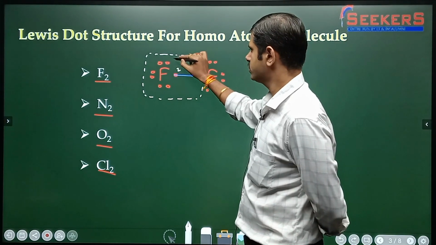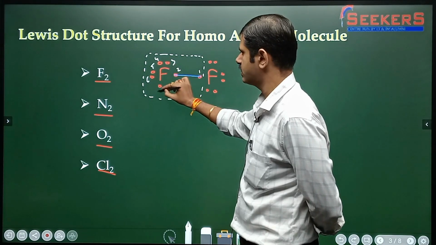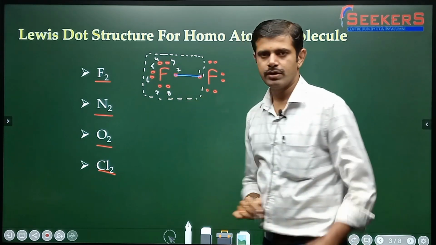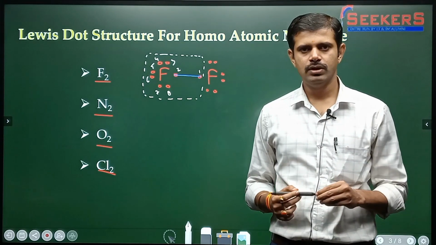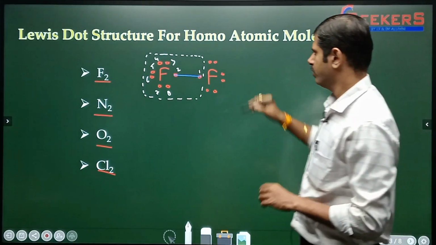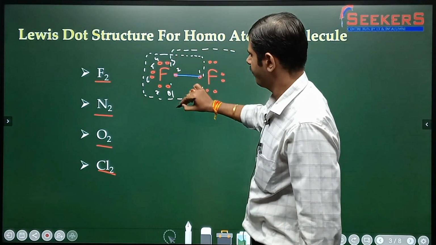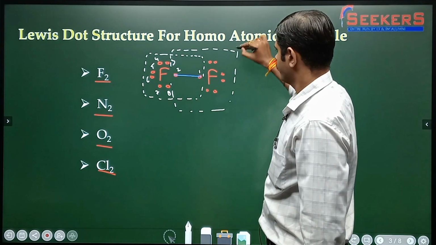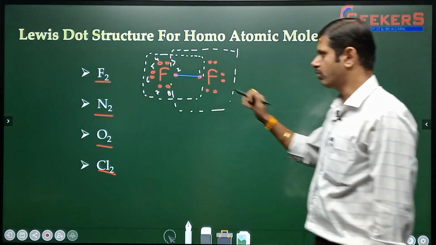This is 2, 3, 4, 5, 6, 7, 8. And according to Lewis, if 8 electrons are there in your last shell, or valence shell, then your octet is complete. Same for this fluorine also: 1, 2, 3, 4, 5, 6, 7, 8. So their octet is complete.